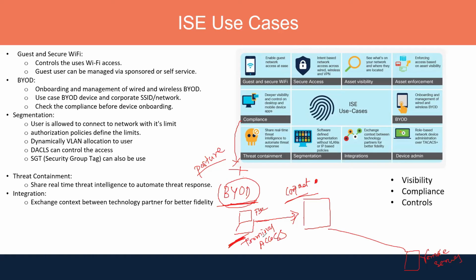Whatever checks corporate does for a corporate device, the same checks you can do for BYOD: firewall is on, Windows is XYZ version, Windows is updated or not, antivirus is updated or not, antivirus is running or not. All those steps you can check on this BYOD device. If this BYOD device does not meet the requirements, it would not be allowed to connect to the corporate network.